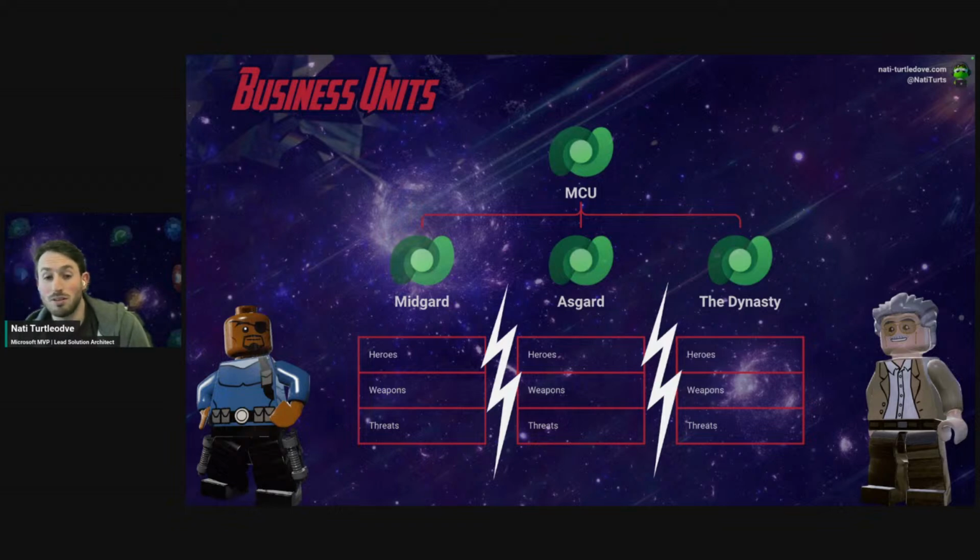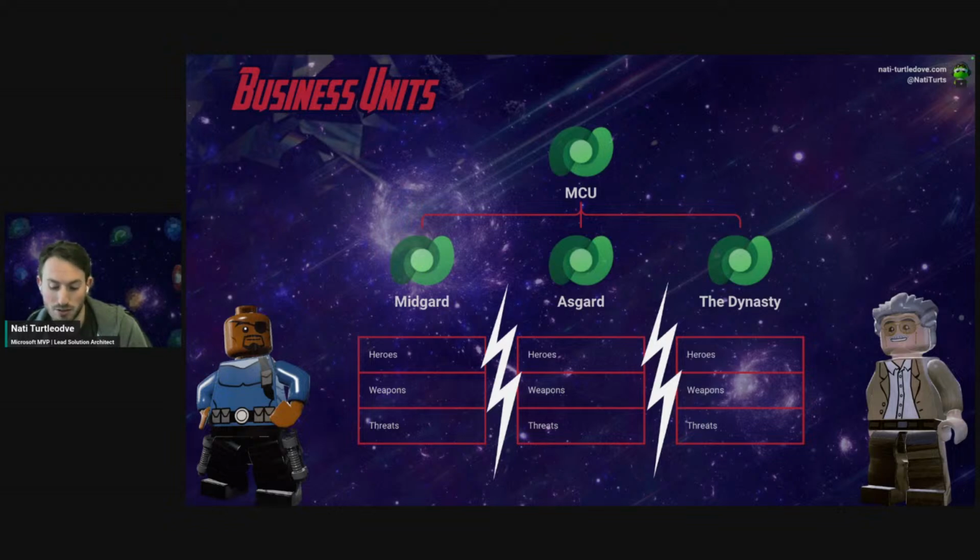Now, for each of these business units, it may look like we've got 3 different tables: a heroes table, a weapons table, and a threats table falling under each business unit. We don't necessarily have 3 different tables per business unit, but rather within each of these tables, we've got a column. We've got our standard owner column, and we've got our owning business unit column.